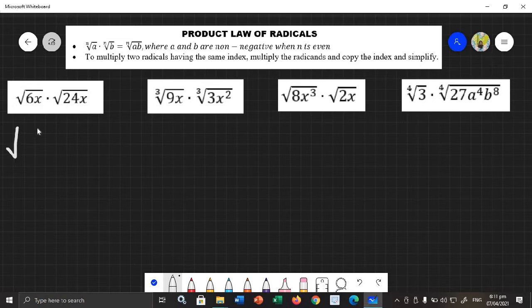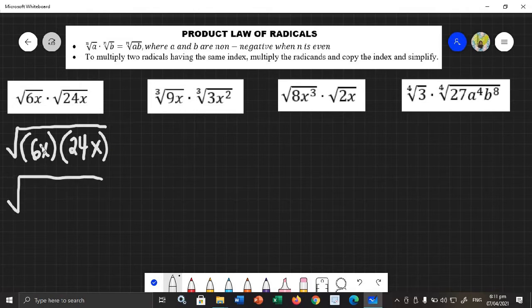Okay? So what will happen is that we need to multiply 6x by 24x. Okay? And then, multiply na natin siya. 6 times 24, that will result to 144. And then x times x is equal to x squared.